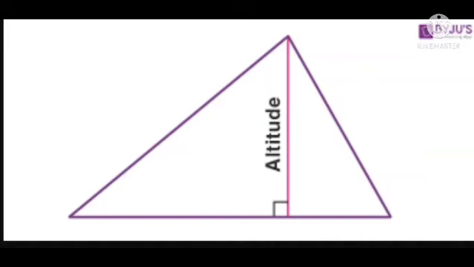A perpendicular line is one that creates an angle of 90 degrees with the base. So a perpendicular line from the vertex, the uppermost point of the triangle, to the baseline is called the altitude.